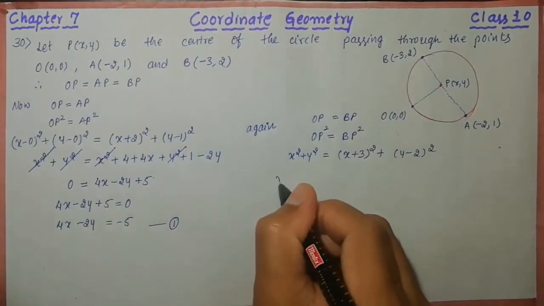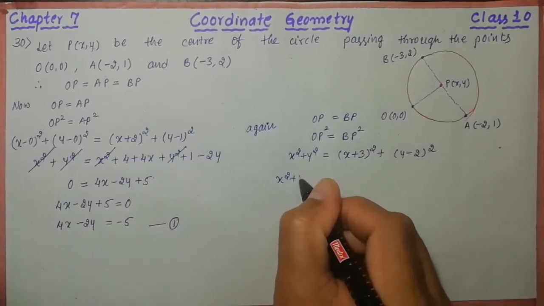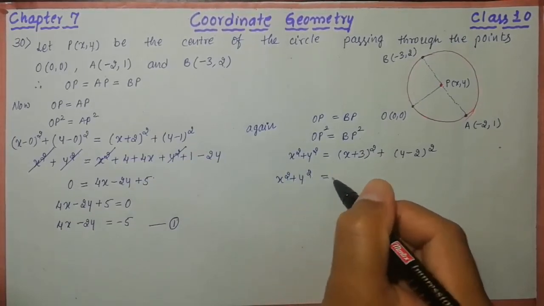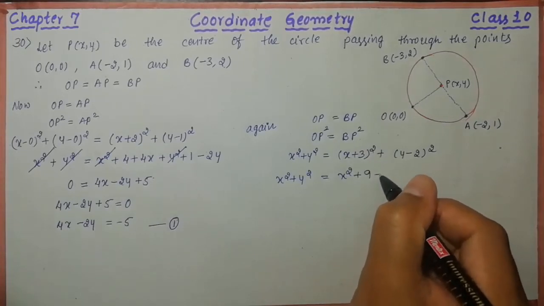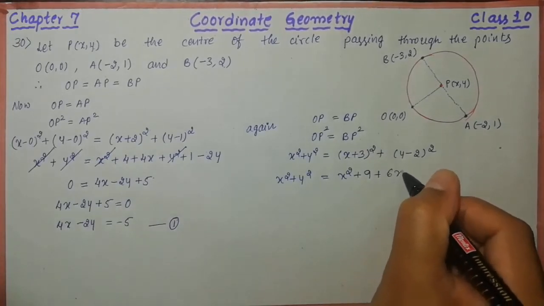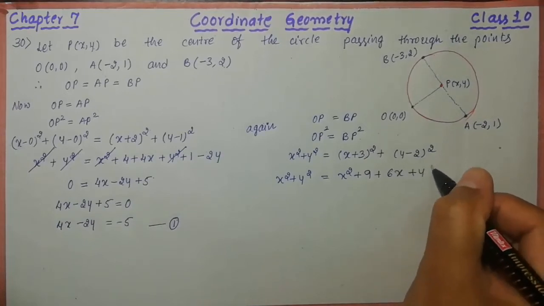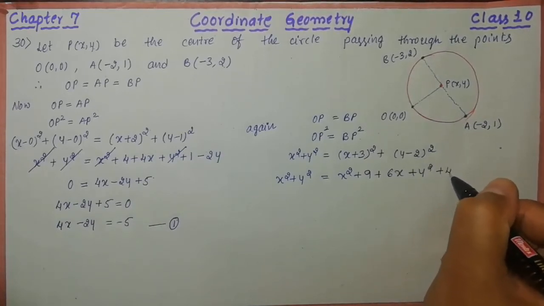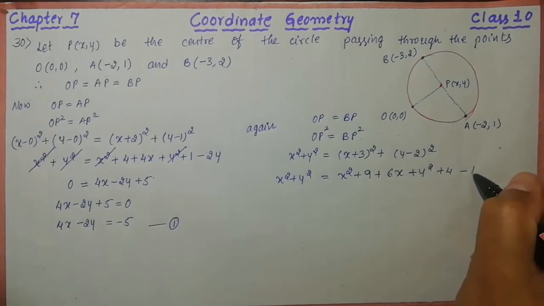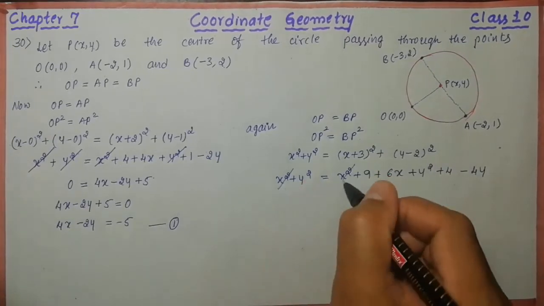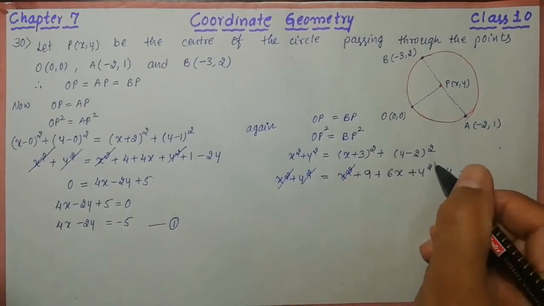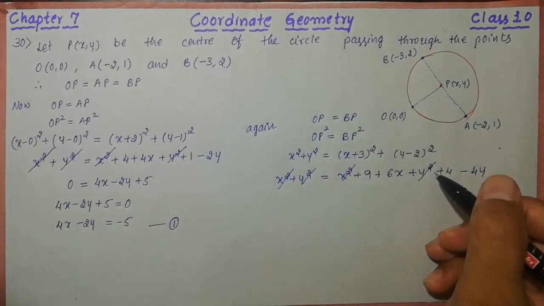So now the left hand side as it is x square plus y square, right side a plus b whole square formula, x square plus 9 plus 3 into 2, 6x, and then plus y square plus 4, and then minus 2 into 2, 4y. So now x square will get cancelled, y square will get cancelled. Okay, you need to simplify the remaining thing.